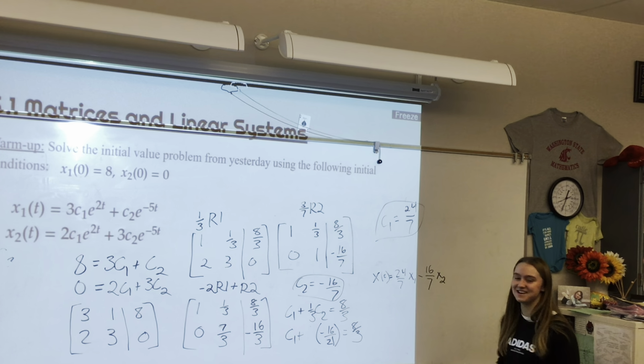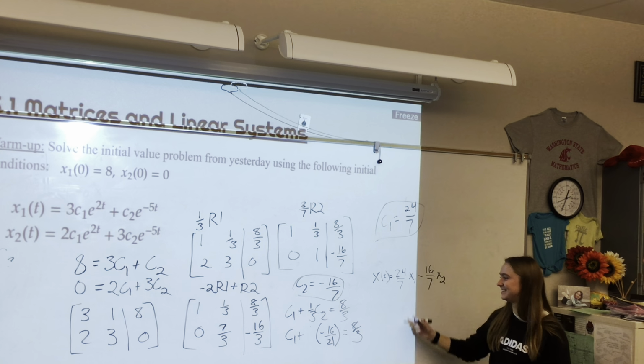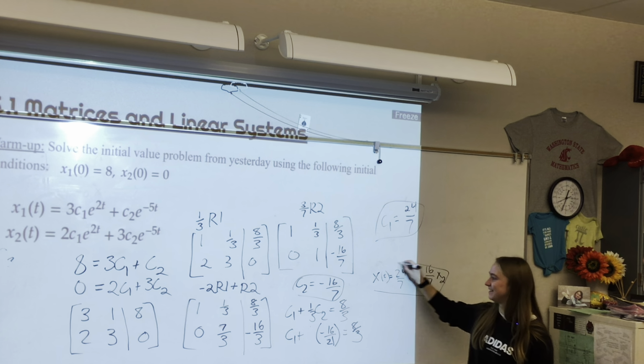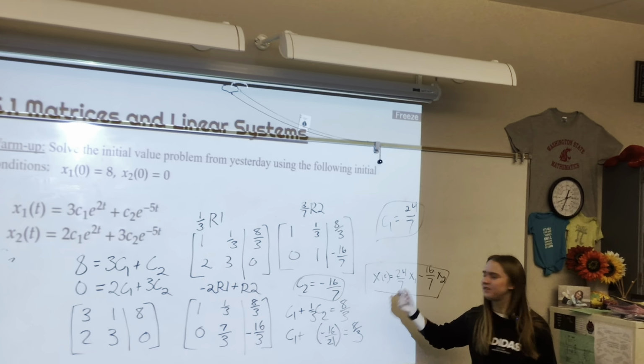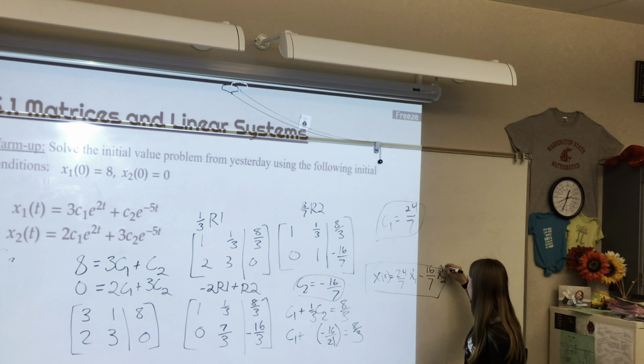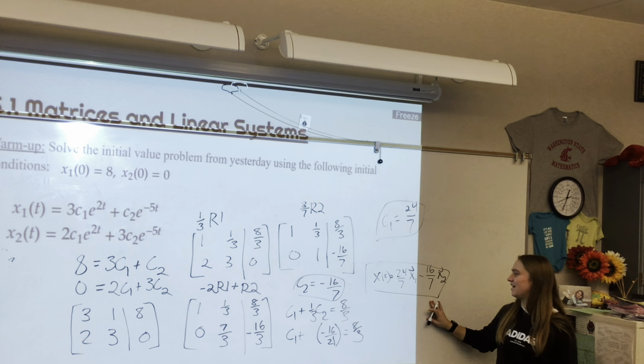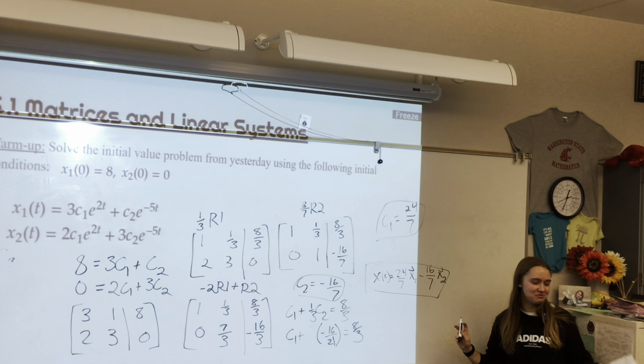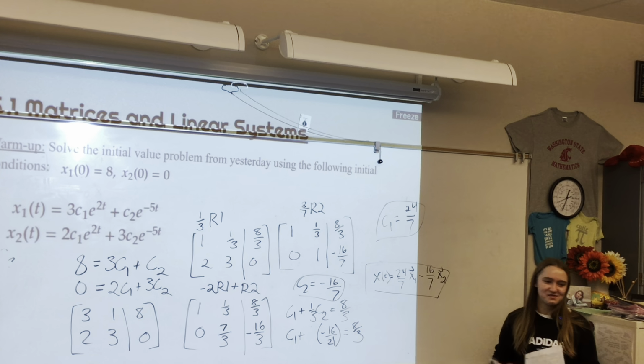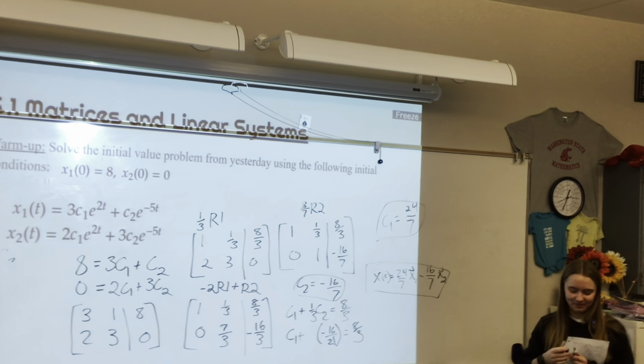Yes. Nice job. Okay, guys. That's it. X was, yes, vector hats. You're so right. I don't think that one does because that's a capital. Okay, so that is how you solve initial value problems for matrices.